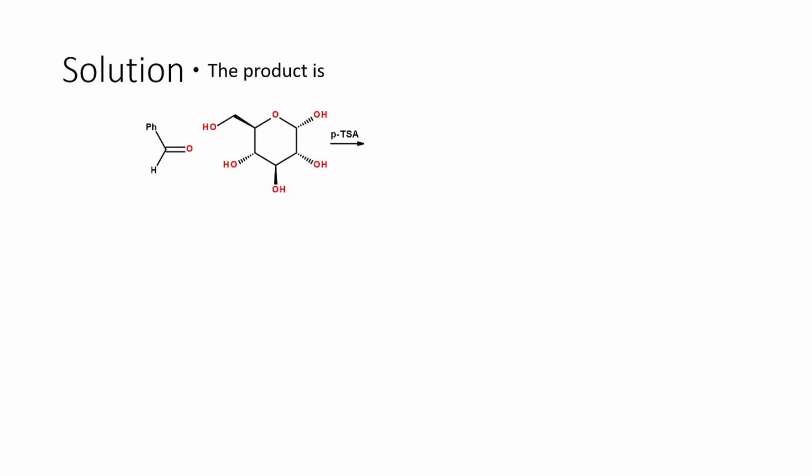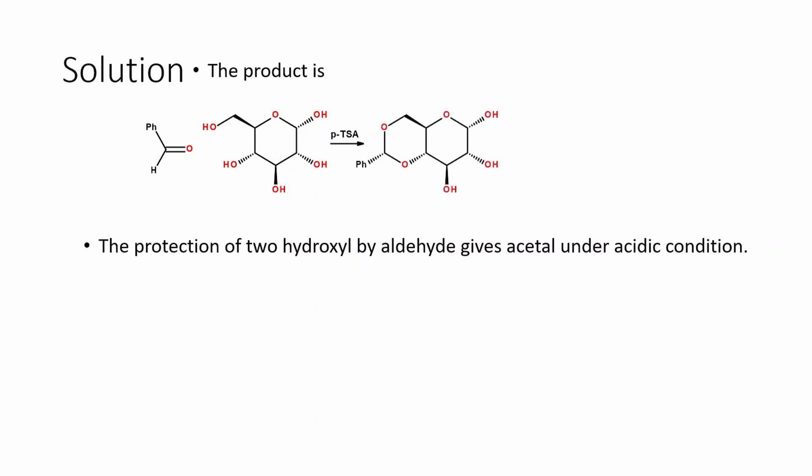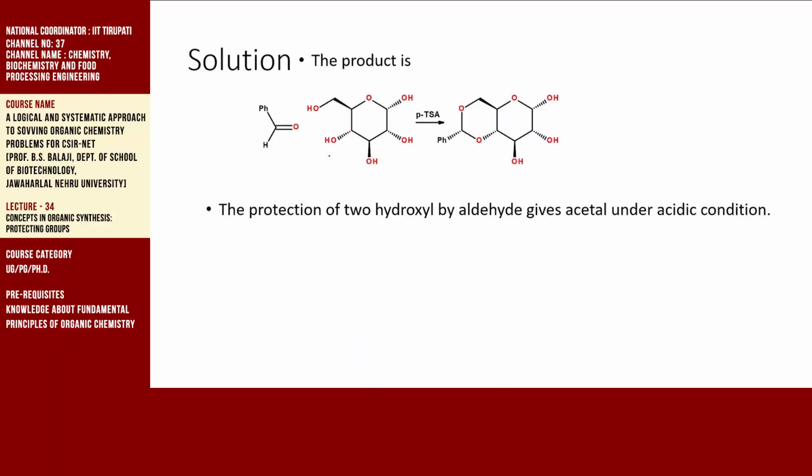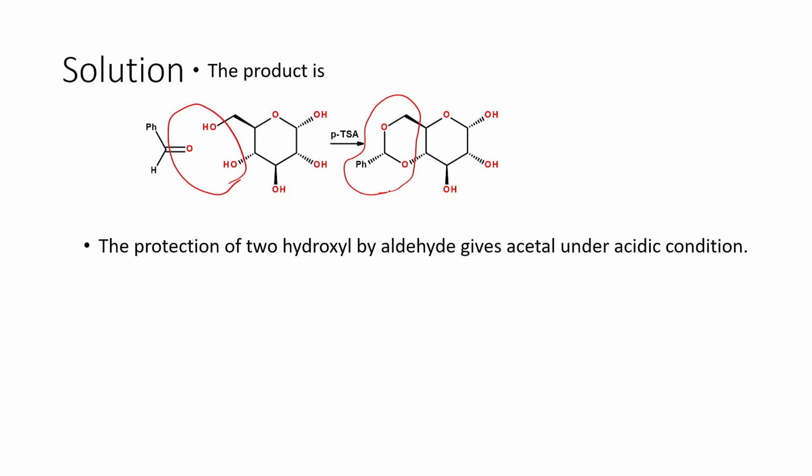Whenever we have a primary hydroxyl, which is more reactive compared to the secondary hydroxyl, the reaction with benzaldehyde generally occurs at the primary hydroxyl as the most preferred one. In other words, the primary hydroxyl is easily protected with the neighboring hydroxyl as the acetal unit. This is a very crucial thing. Once we know, we can easily figure it out.